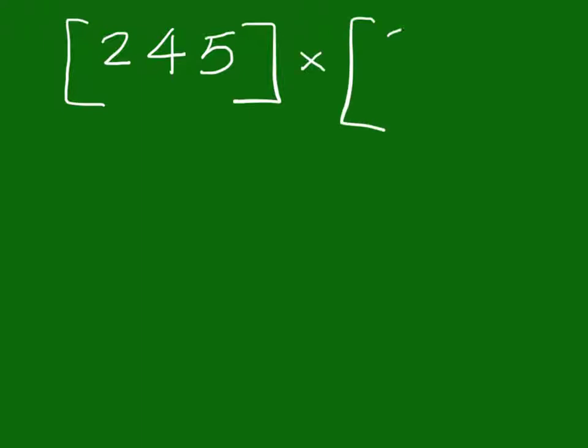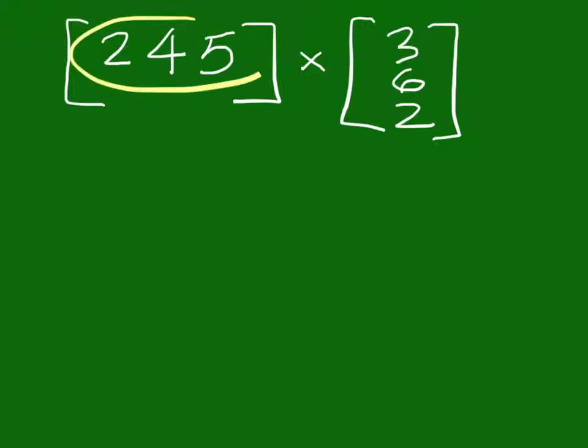Multiply these two together. 2, 4, and 5 times 3, 6, and 2. You're going to multiply these two together.